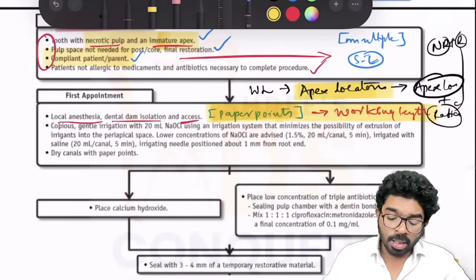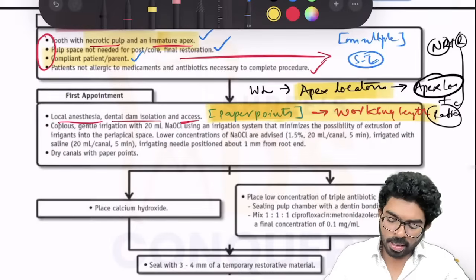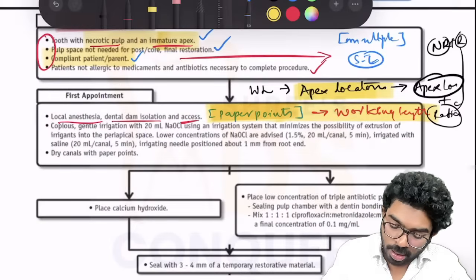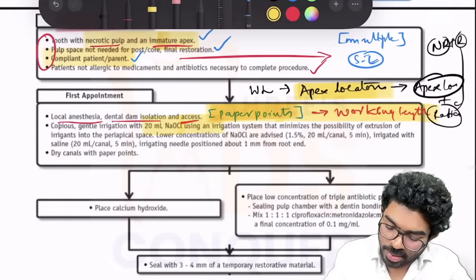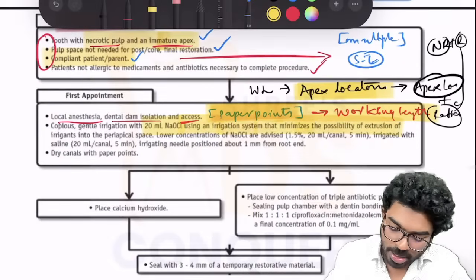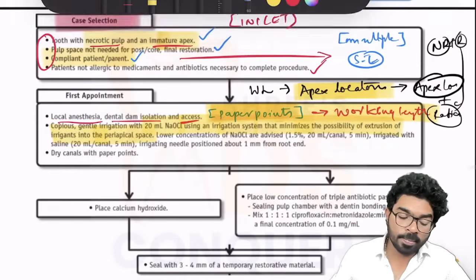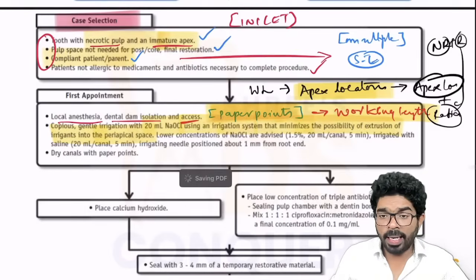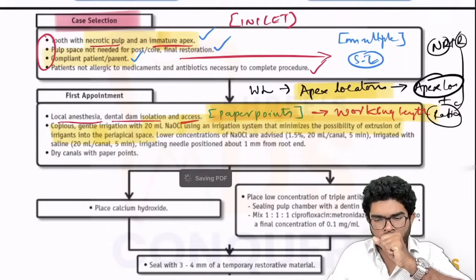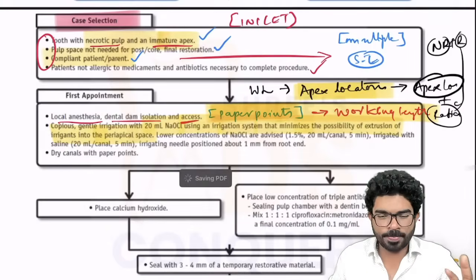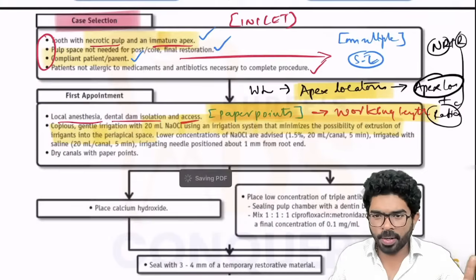Right, now I have opened it. Irrigation was done: 20 ml of NaOCl using an irrigation system that minimizes the possibility of extrusion into the periapical space. Normally the percentage of NaOCl in a normal scenario is 2.5 to 5.2 according to Grossman.